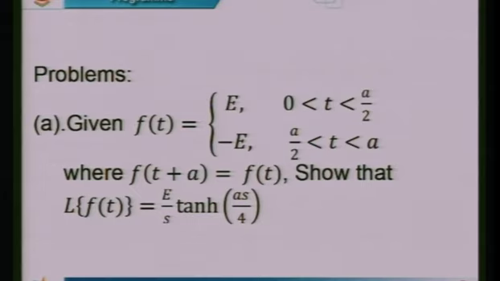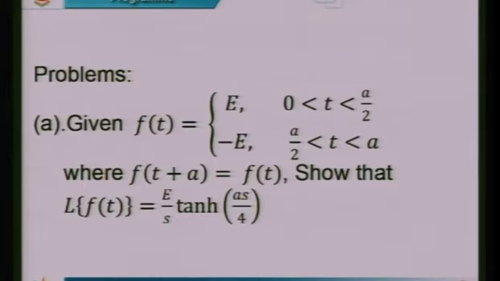That means the function is defined in the intervals 0 to a by 2 and a by 2 to a, and here f of t plus a is equal to f of t. Then you have to show that L of f of t equal to e by s tanh, hyperbolic function, tanh of a s by 4.